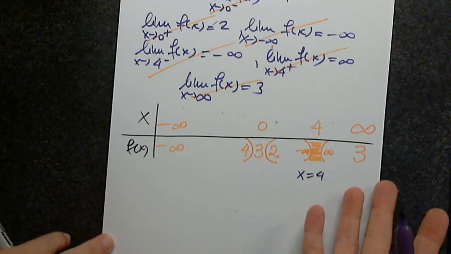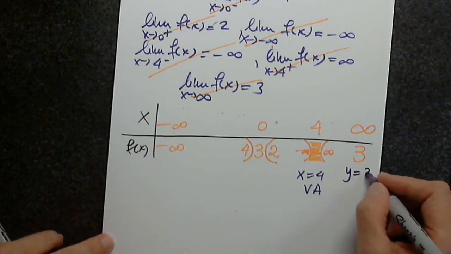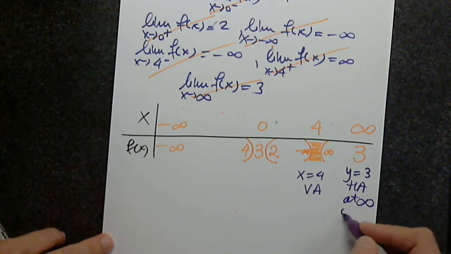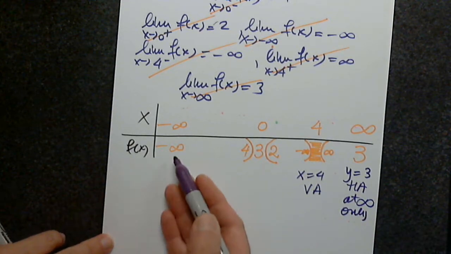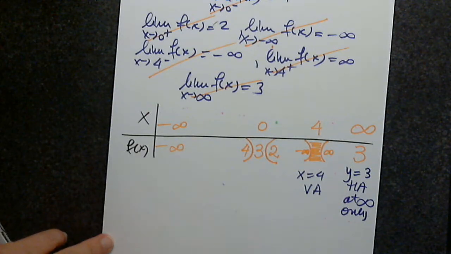At x equals 4, the function is undefined, so it's a vertical asymptote. Obviously, and this is clear, y equals 3 is a horizontal asymptote at infinity only, because this is not 3. These are my choices.